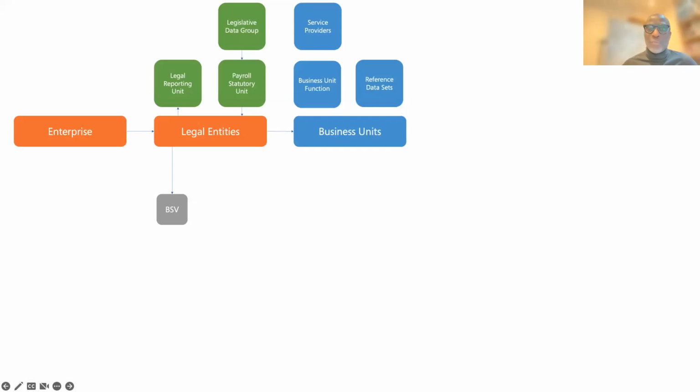So in Fusion, I'm using the word Fusion because Fusion is also called Oracle Cloud applications. Service providers in Oracle Fusion applications is a model that defines the relationship between the business unit for a specific business function and for that business unit to perform an activity on behalf of other business units.